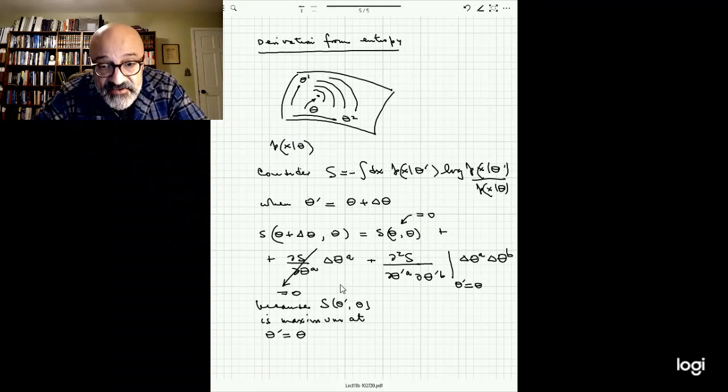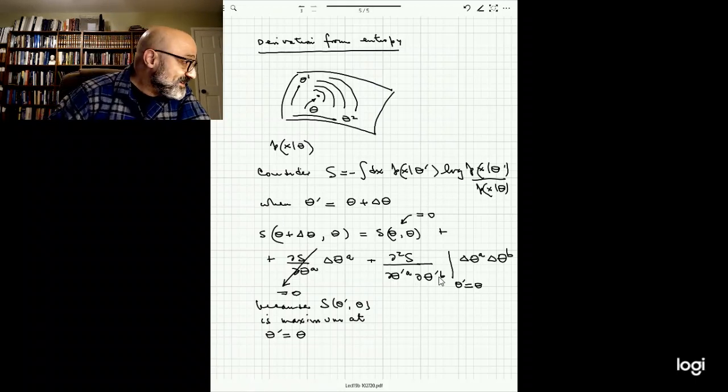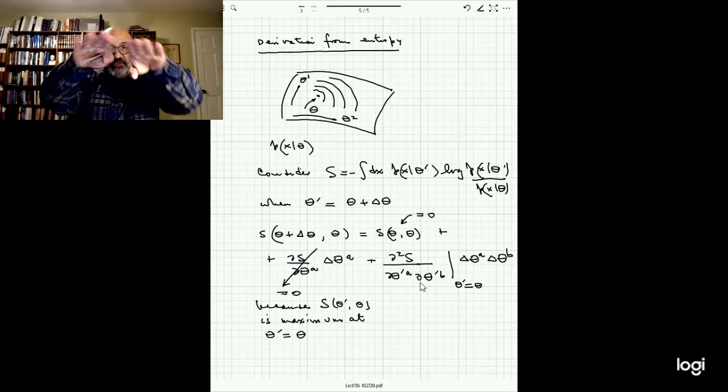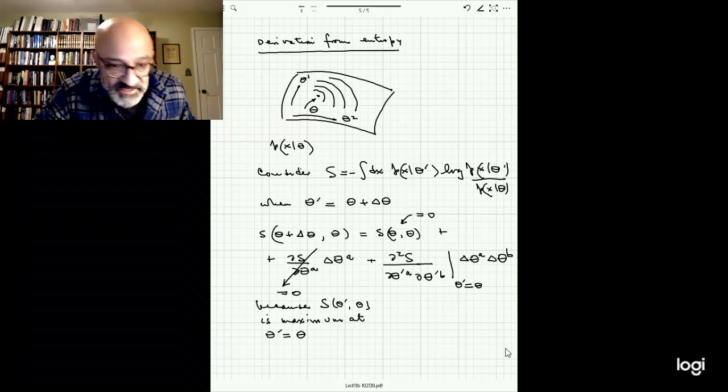So this is the first non-vanishing term, and if you look at this expression, you immediately see that it has two indices, a and b, summed over. This starts looking like a metric tensor. Because this is a maximum, the second derivative is negative.